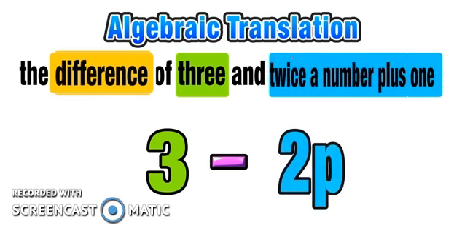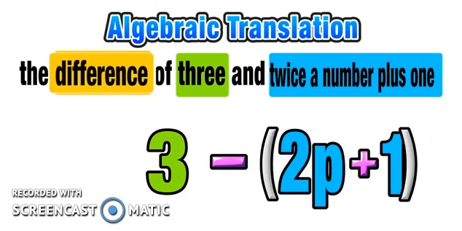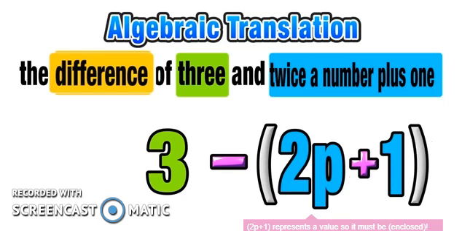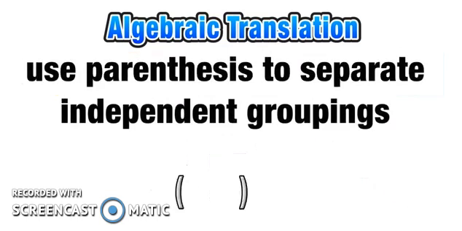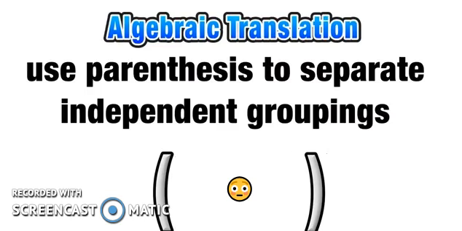So now instead of p, we have to represent that whole expression, which we can call 2p plus 1. And we can enclose this individual expression in parentheses. So when performing algebraic translations, you can use parentheses to separate independent groupings.